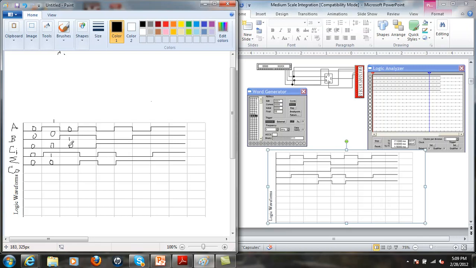Oops, nope, that's still 0. So I still have a sum of 1 and a carry out of 0. Now I got a 1 here, a 1 here. 1 plus 1 is 0, so the sum is 0 and the carry out is 1. And so on for all of these. So this would be the timing diagram for a full adder.